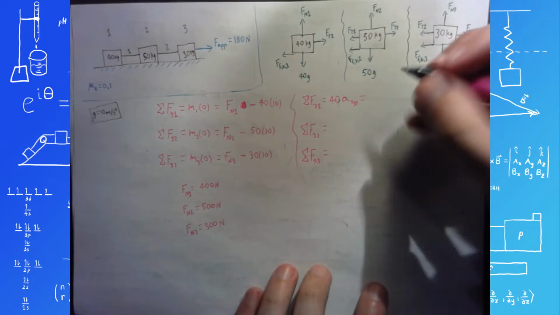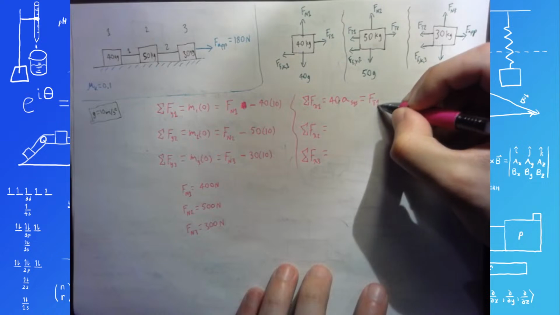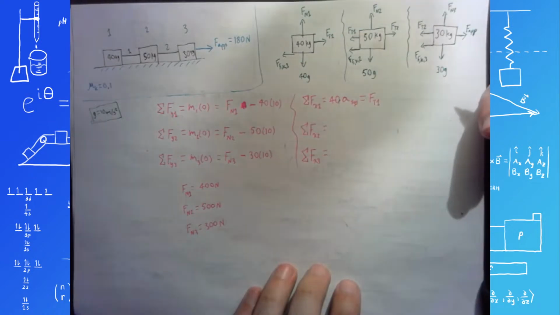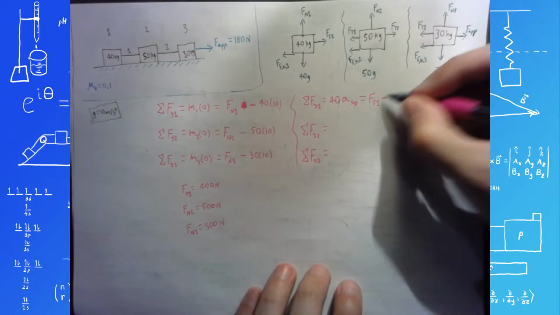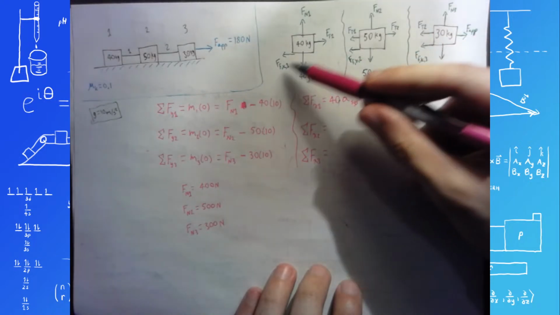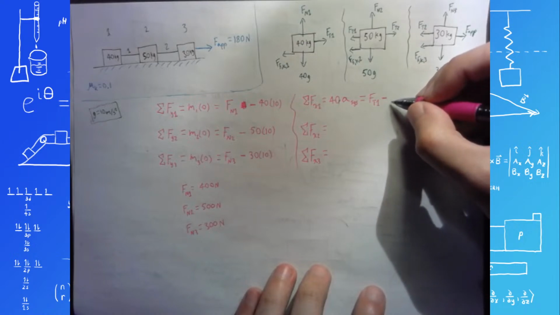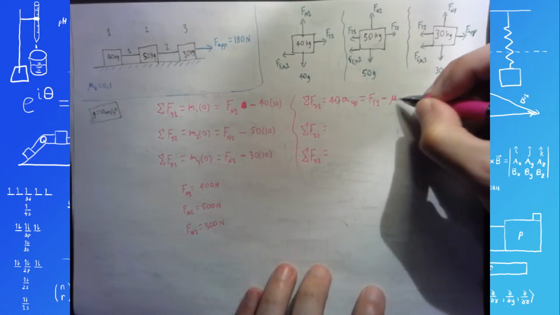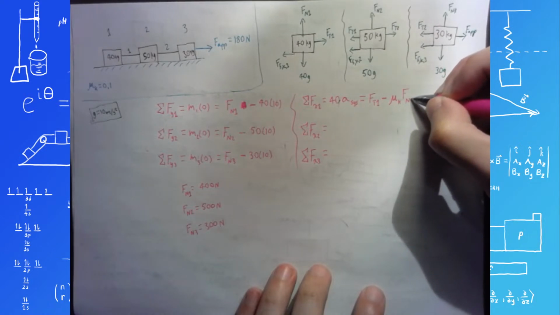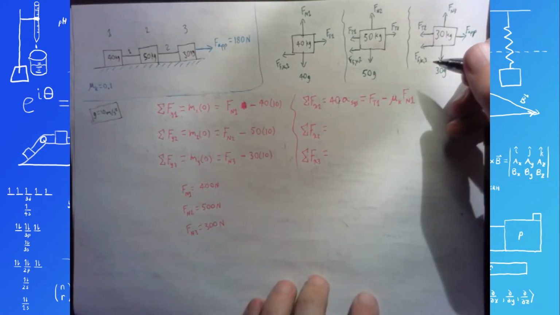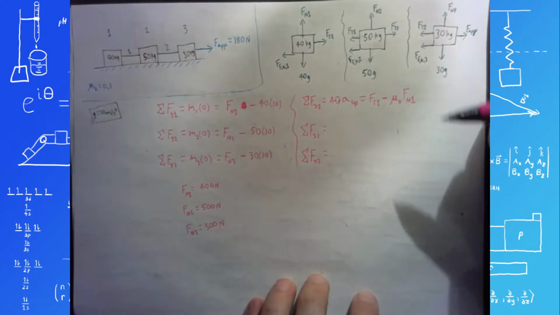Equals forces to the right minus forces to the left. To the right, I've got tension 1. To the left, I have force of friction kinetic 1. So that's minus force of friction kinetic, which is coefficient of friction kinetic times normal force, specifically normal force 1 in this case. And that is it for object 1.